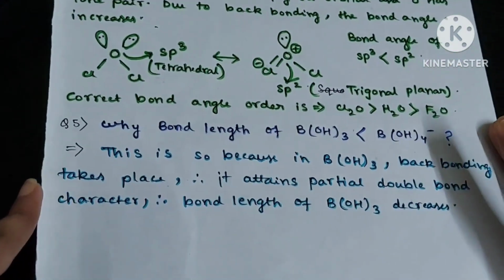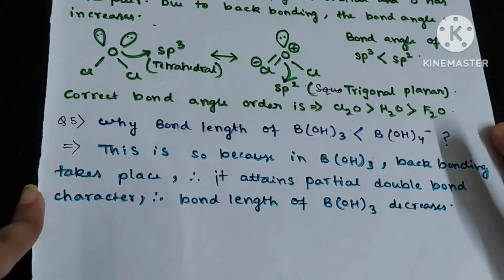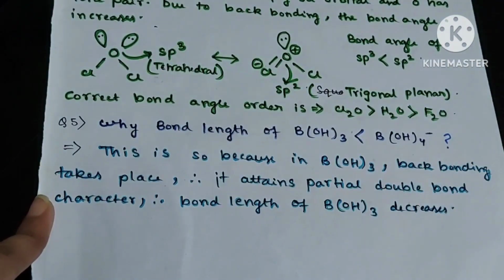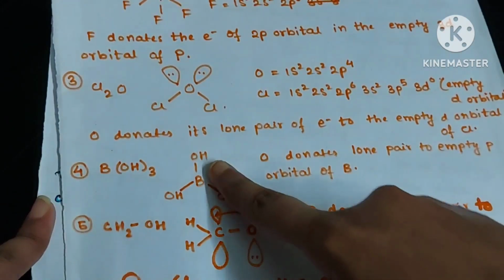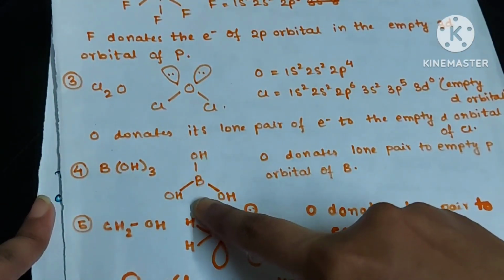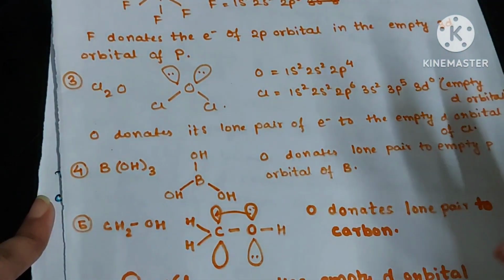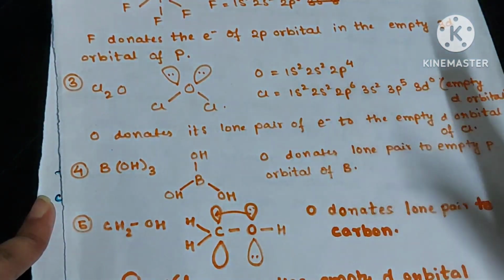Then, why is the bond length of B(OH)3 less than B(OH)4 minus? In B(OH)3, as I showed in the previous example, back bonding takes place. Oxygen donates its lone pair to boron, which has an empty p orbital, and oxygen has two lone pairs in every case.